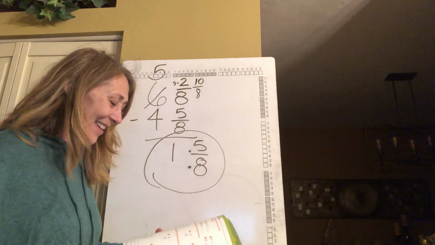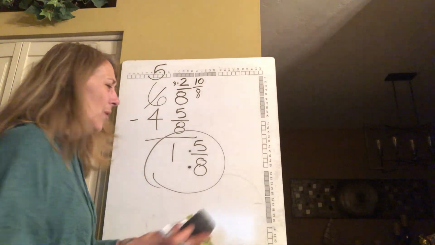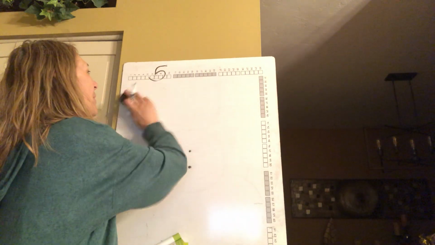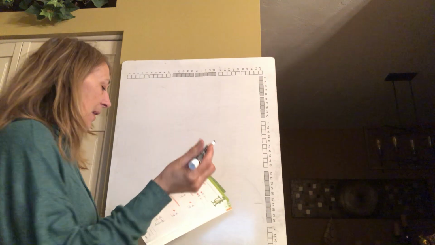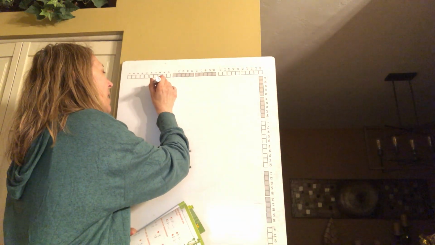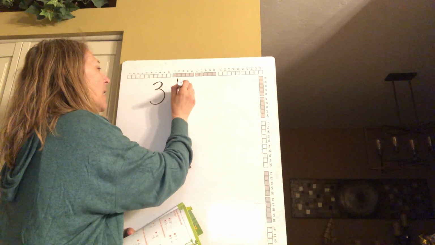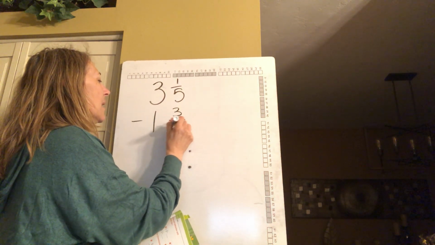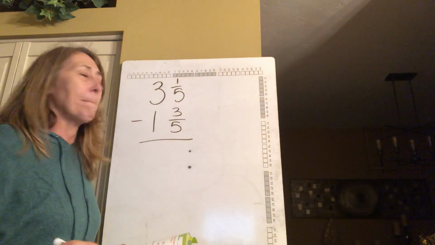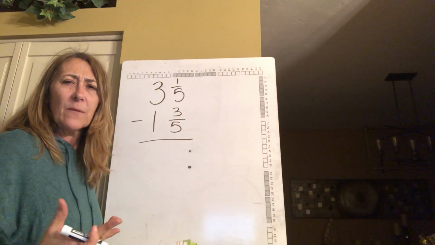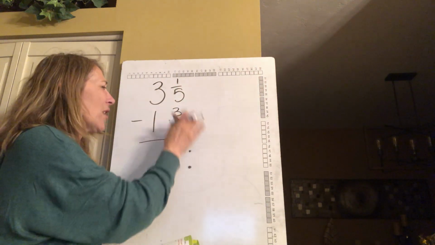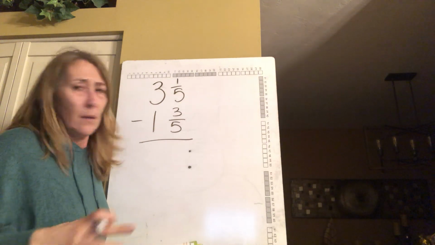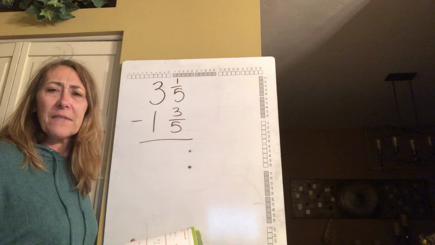Let's try that again. That's kind of cool. I'm not going to do one in the book though because I want to do a different denominator. So this one's not in your book, but let's watch. 3 1/5 minus 1 3/5. I start with my fractional pieces first. So I have 1/5 and I want to take 3/5 away from it. So it's almost like 1 minus 3. Can't do it. I need some more fifths.